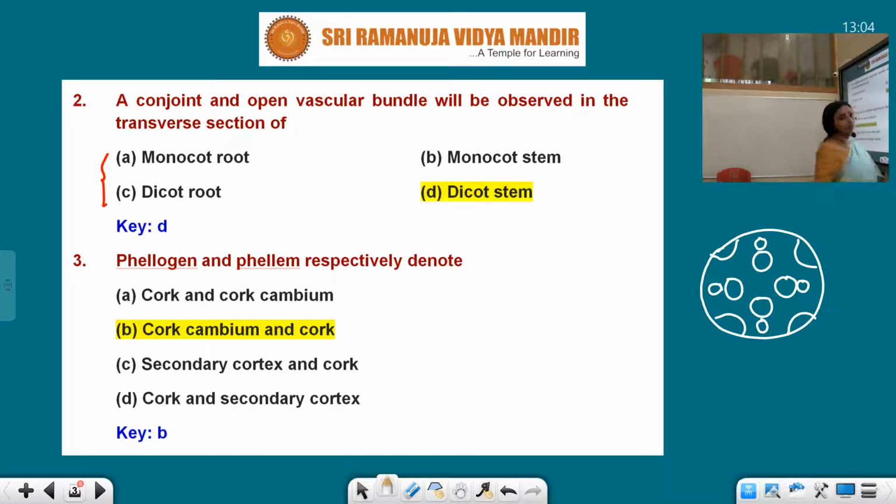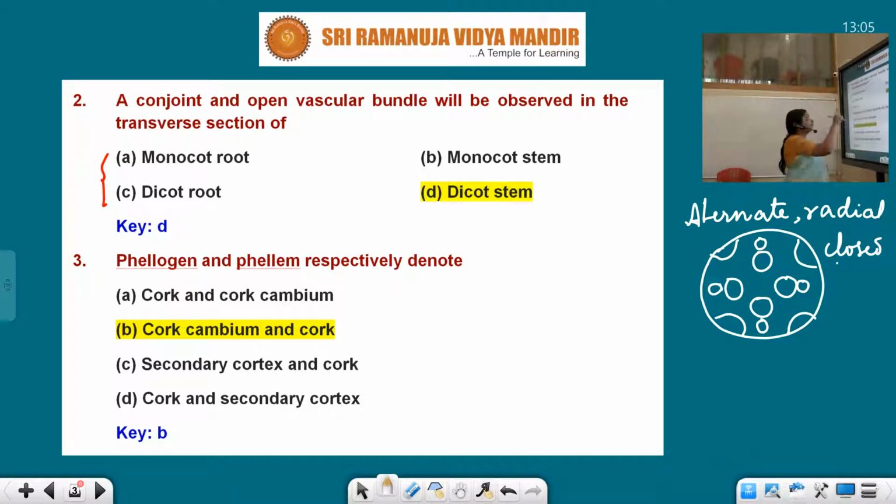So this type of vascular bundle is called alternate and radial. As vascular cambium is not there, it is considered closed. So this is dicot root. Of course, in monocot root, the number of xylem and phloem increases. It shows polyarch condition. There also it is alternate radial and closed type of vascular bundle.